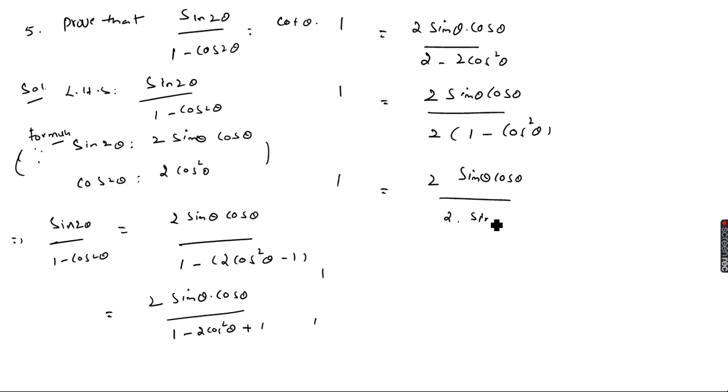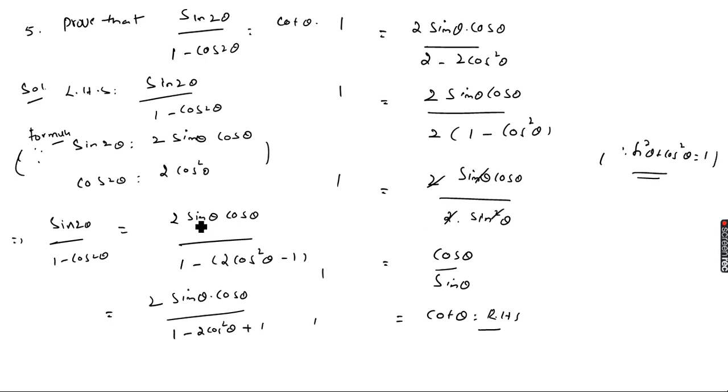The 1 minus cos square theta is nothing but sin square theta. 2 is cancelled, one sin is cancelled. So we get cos theta by sin theta, that is nothing but cot theta, which is RHS. And here we use the formula sin square theta plus cos square theta is equal to 1.